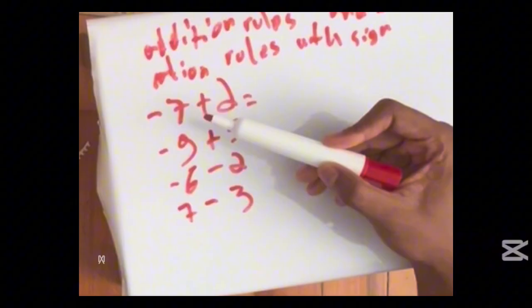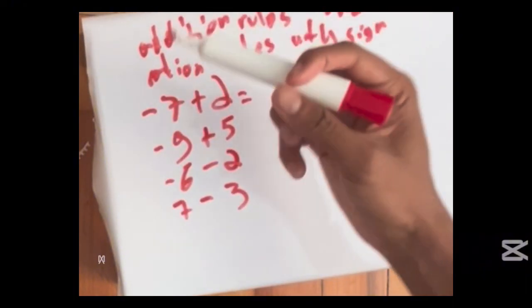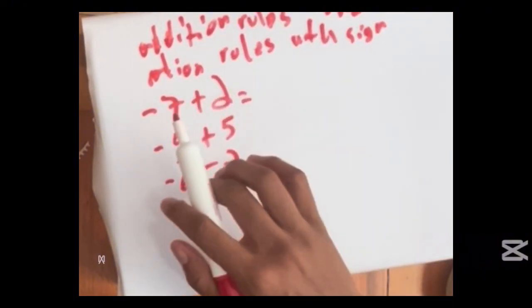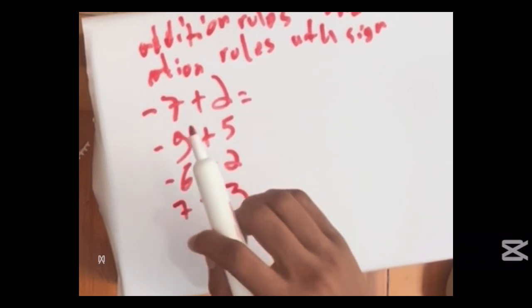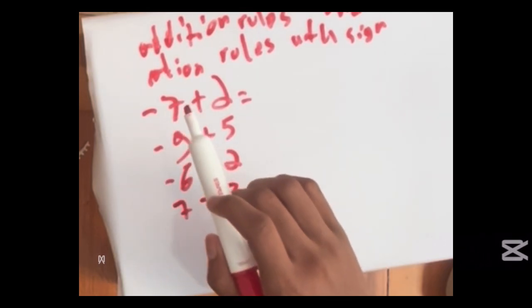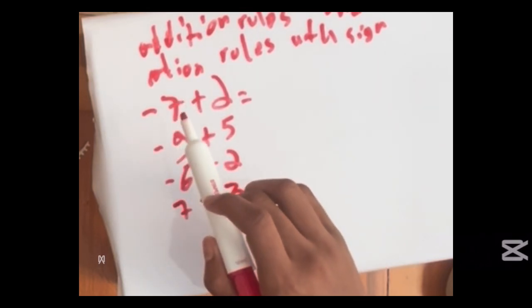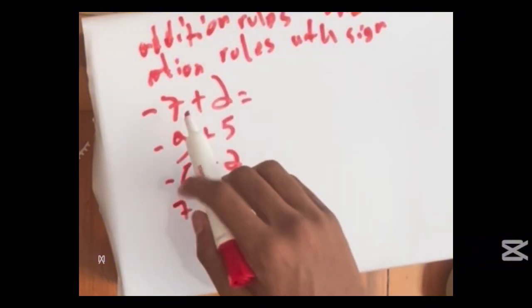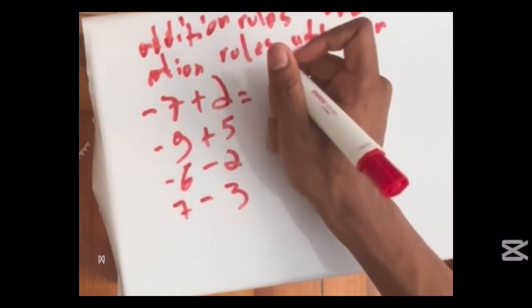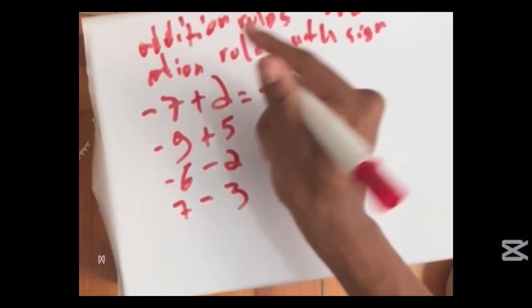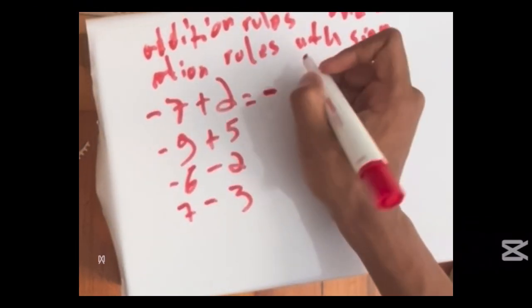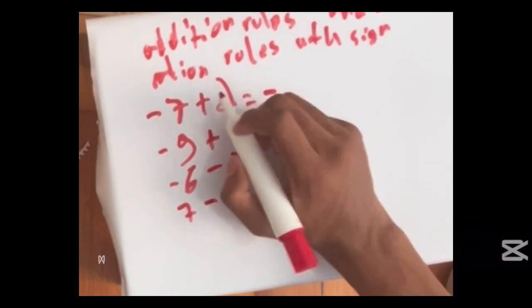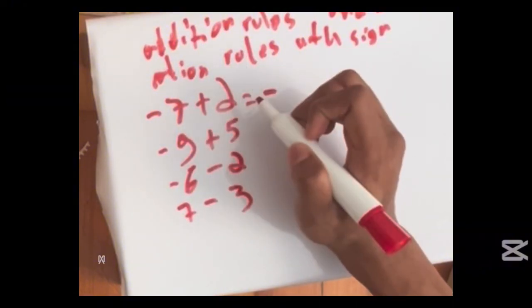So what did we learn? We learned that when we're adding two numbers that have different signs, we keep the sign in front of the biggest number, which is in this case 7. So we're gonna do negative, and we subtract these two numbers. What's 7 minus 2?